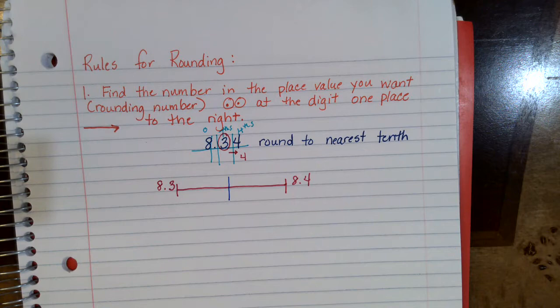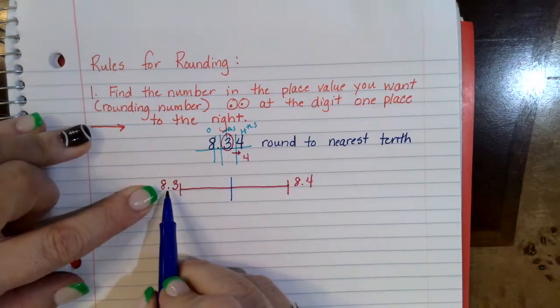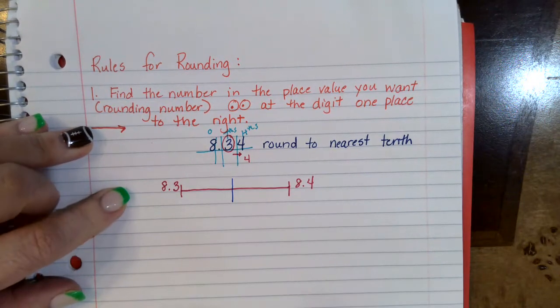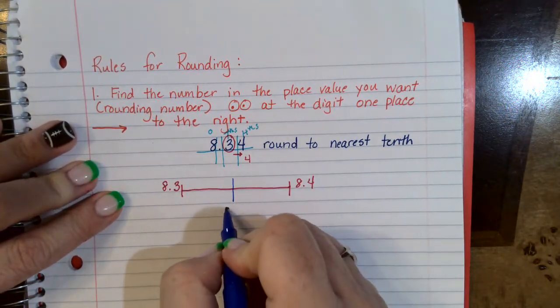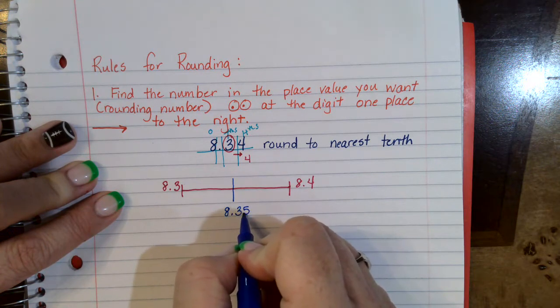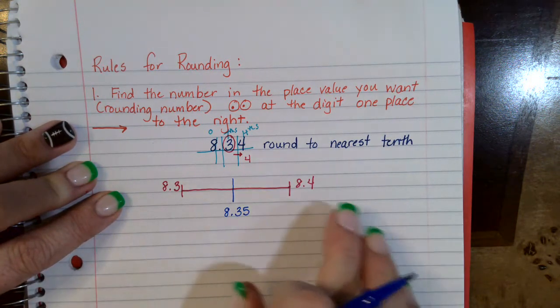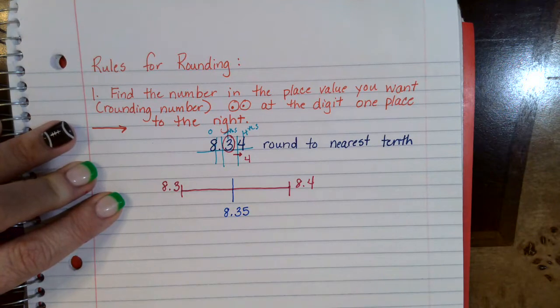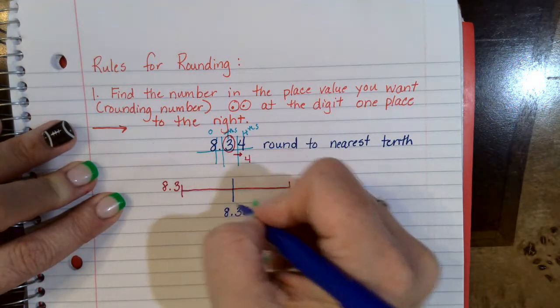Now remember, a half is going to be a 0.5. So our next digit over is going to be a 0.5. So it's 8.35. This is the halfway point between 8.3 and 8.4.